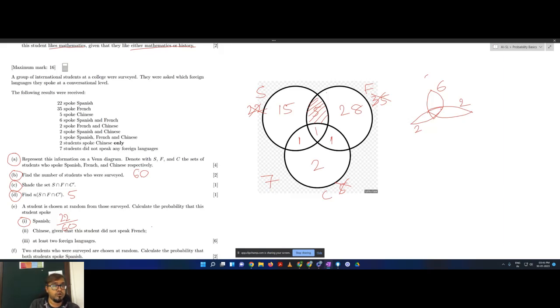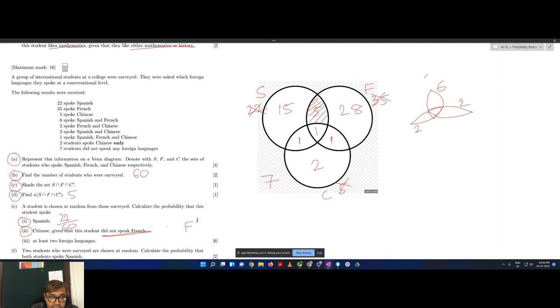Now, what's the probability that the student spoke Chinese, given that this student did not speak French? So, did not speak French is the catch here. F is all who speak French. So F complement, or F prime, is those who do not speak French.